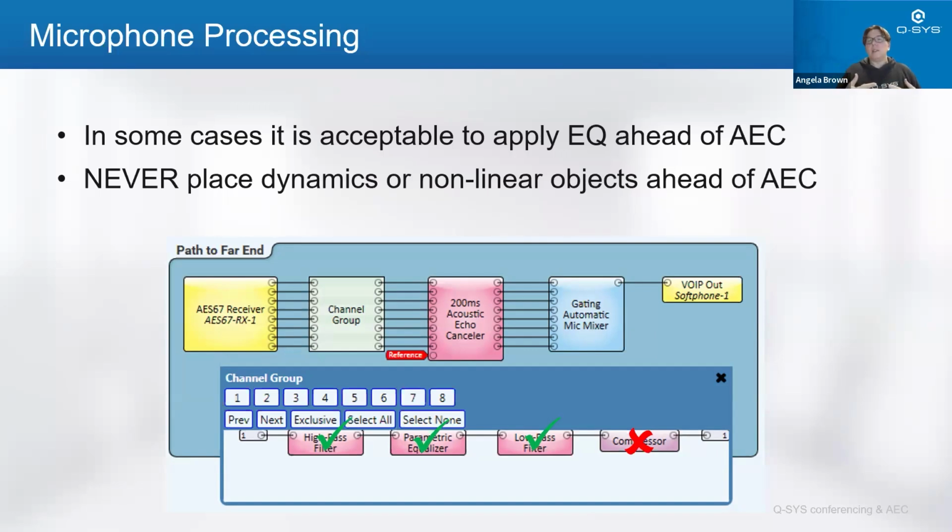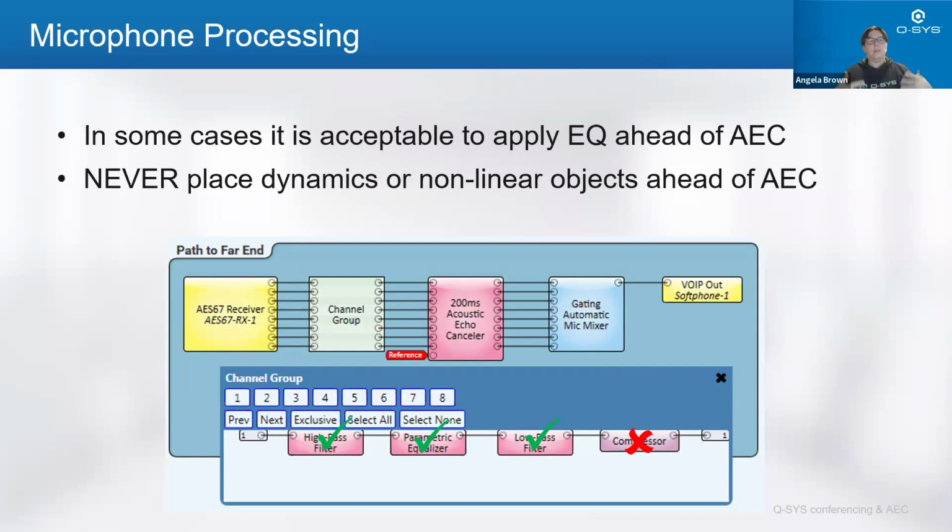A lot of times that's when you get into ceiling mic arrays or any sort of dynamic mic array, where you really want to follow their prescriptive setup. Like back in my day, the original Shure MXA910, when you mounted it in the ceiling, they had a whole document about how to EQ it and how to make all those changes. You did all that in the microphone before the audio even hit your AEC. So technically, you were EQing that before it hit the AEC.